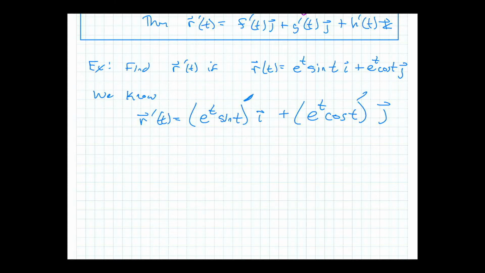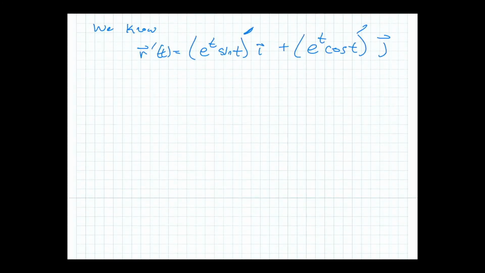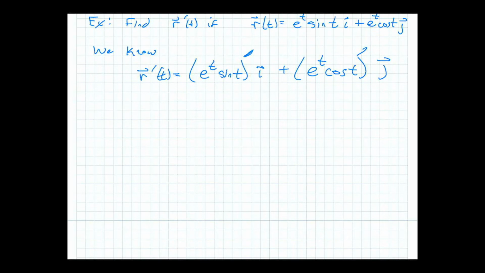I'm putting the primes on to indicate that I still have to do the derivative. And then you have to remember everything about derivatives from your Calculus 1 class, right? Each of these is going to need the product rule, because e to the t sine t is a product.